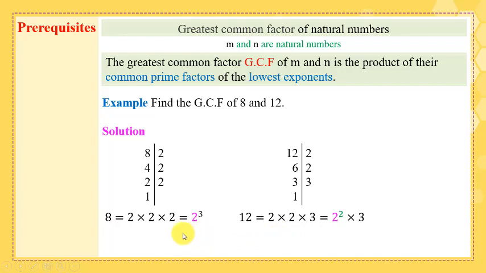So we can notice that the common factor of numbers 8 and 12 is number 2. The GCF is the common factor with lowest exponent, which is here we have 3 and here we have number 2. So we will take 2 exponent 2, which is equal to number 4.